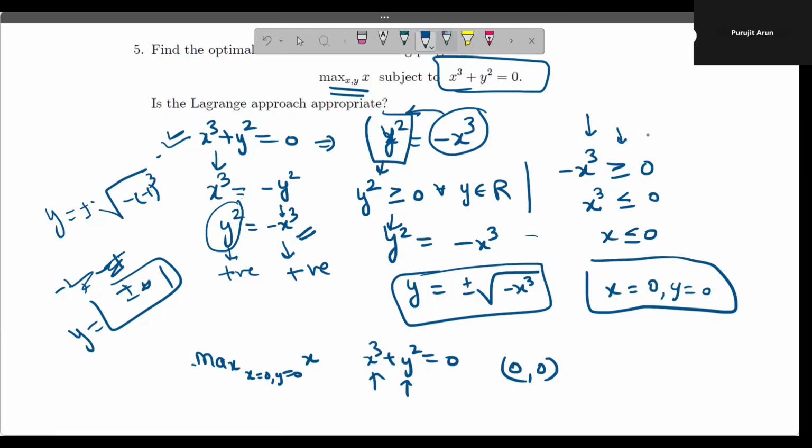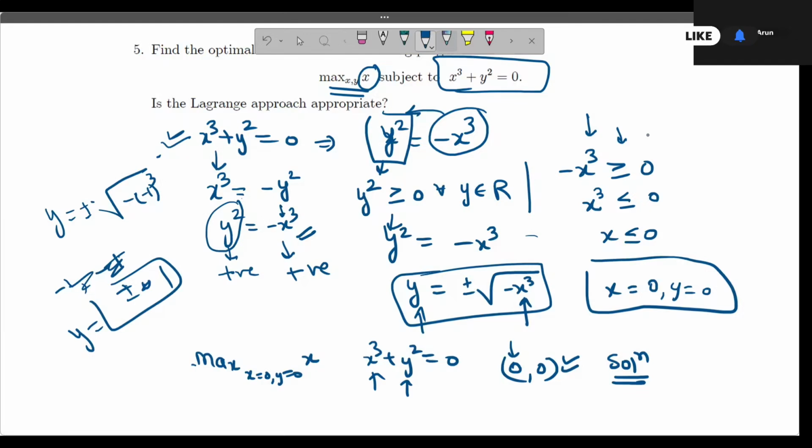Because if you think of any larger value of x here, you will not get positive y. So this is the only solution which I have got: 0, comma 0. Because the function was asked, so x value has to be the answer, that is 0.